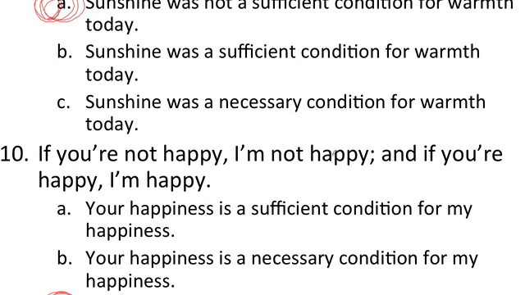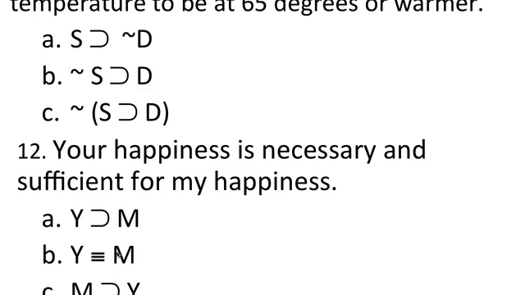So my not being happy seems to be dependent on your not being happy, and my happiness seems to be dependent on your happiness. Hence, my happiness is dependent on and guaranteed by your happiness. In other words, your happiness is a necessary and sufficient condition for my happiness.